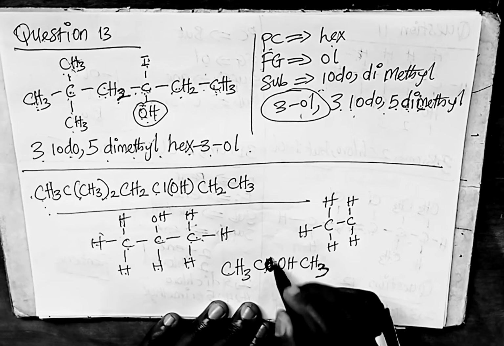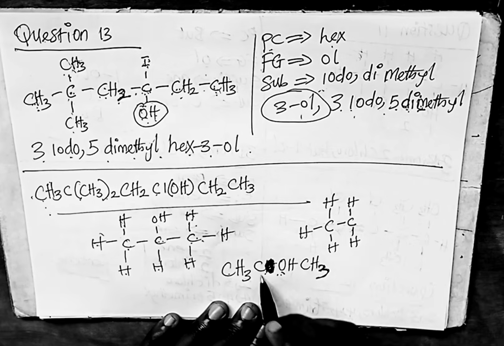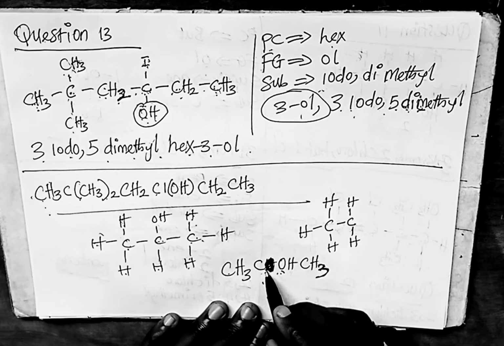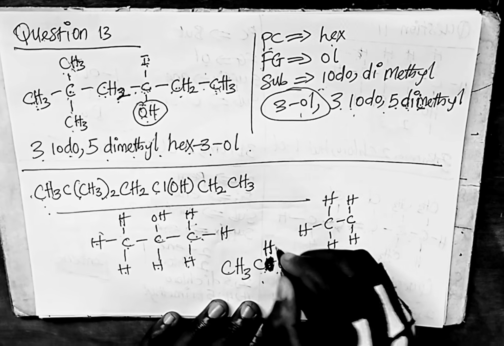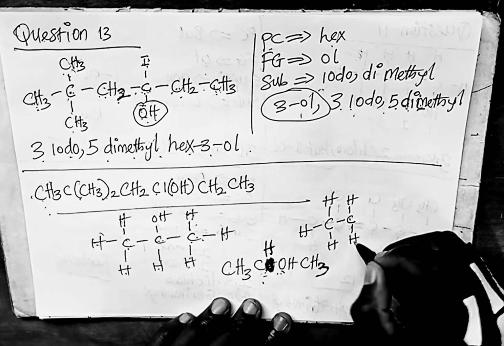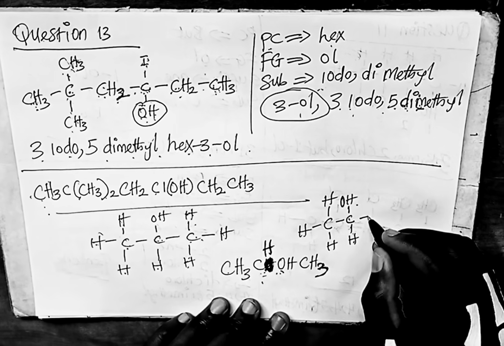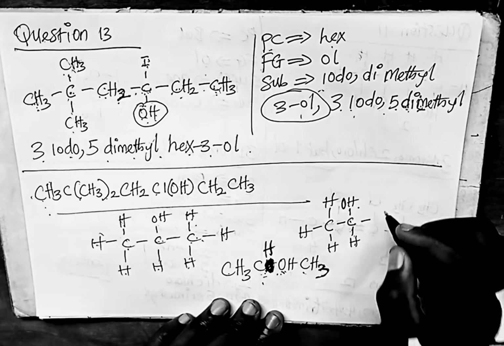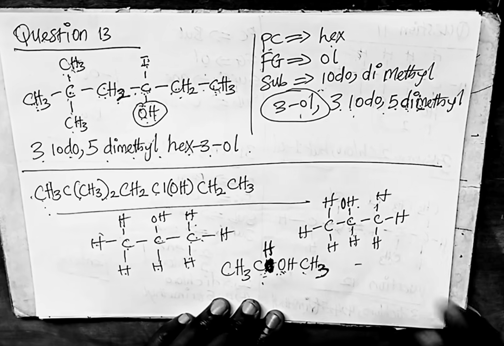Actually, it's correct. CHOH is correct: C bonded to H, then C also bonded to OH. So this is how you put it. Then you bond again. What do we have next? We have CH3, with H, and H. So we have expanded it. It's the same thing.